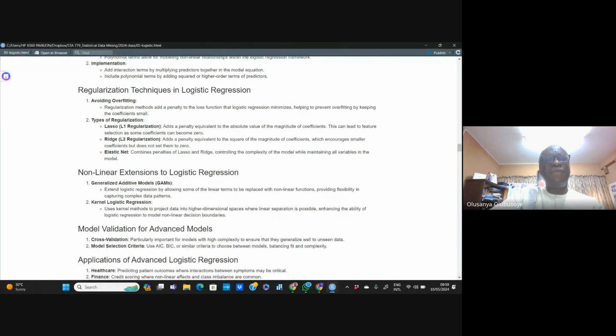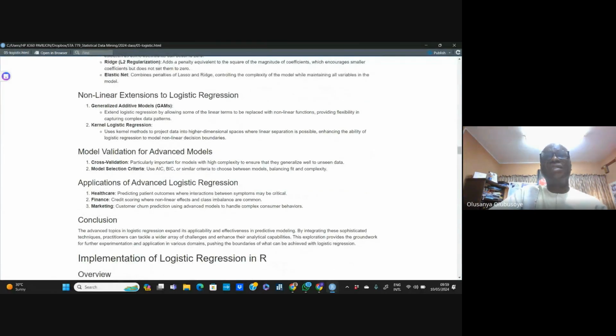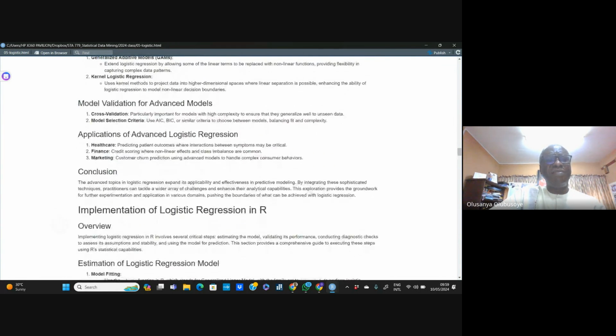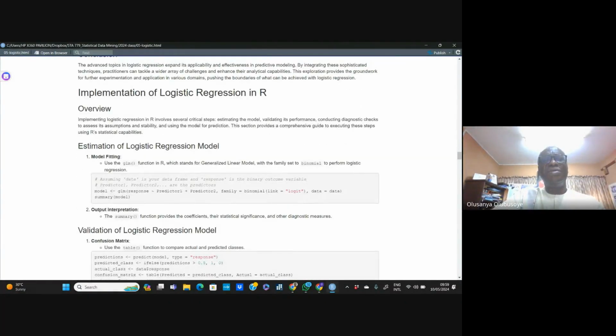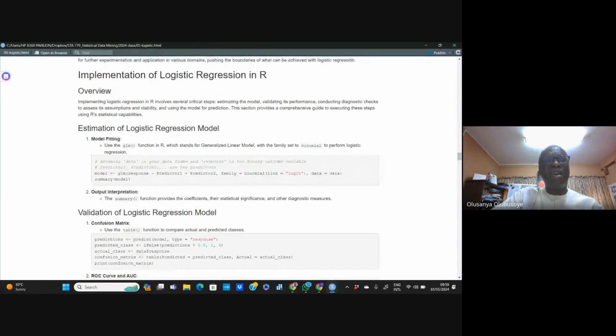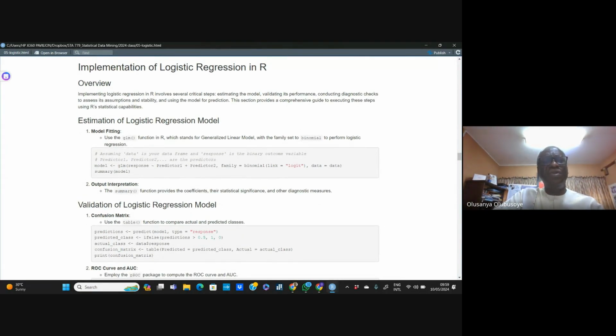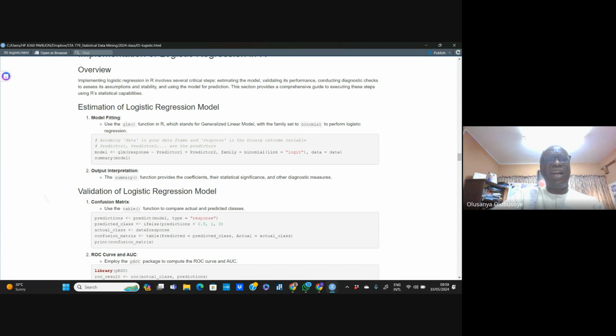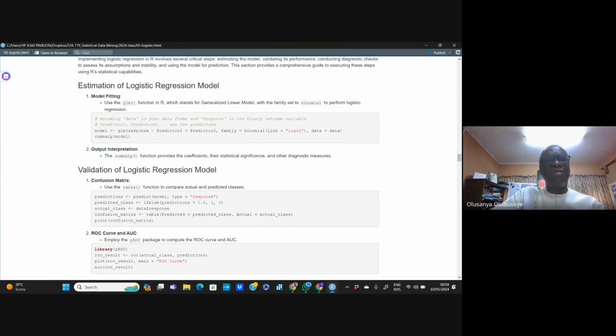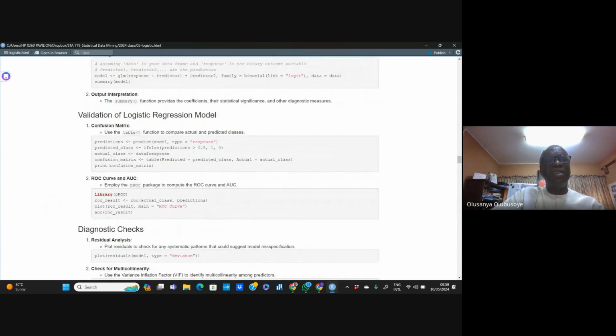So you can have lasso logistic, ridge logistic, and elastic logistic regression. Good enough, you have examples, and you have the code snippets for R. You can use the glm function in R to run logistic regression and get the confusion matrix.